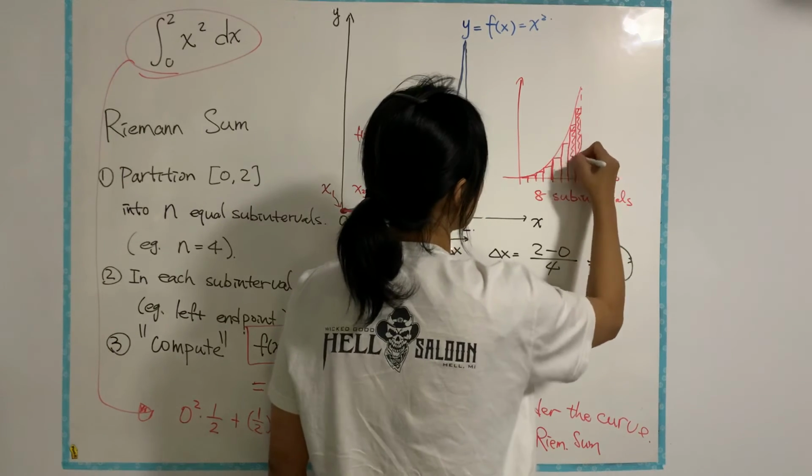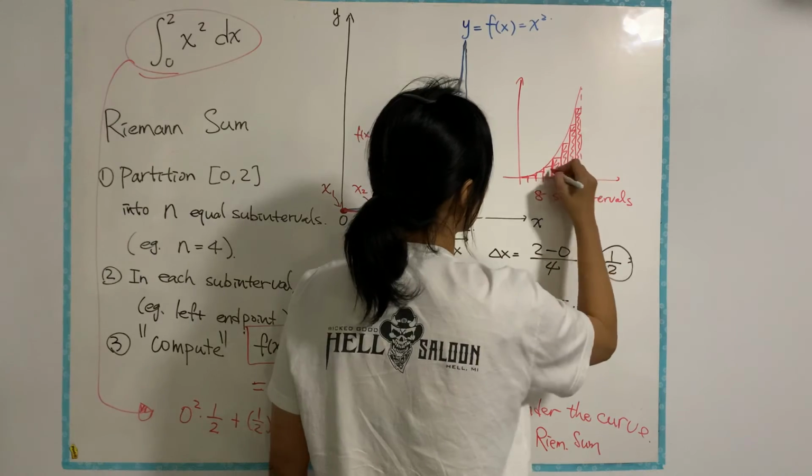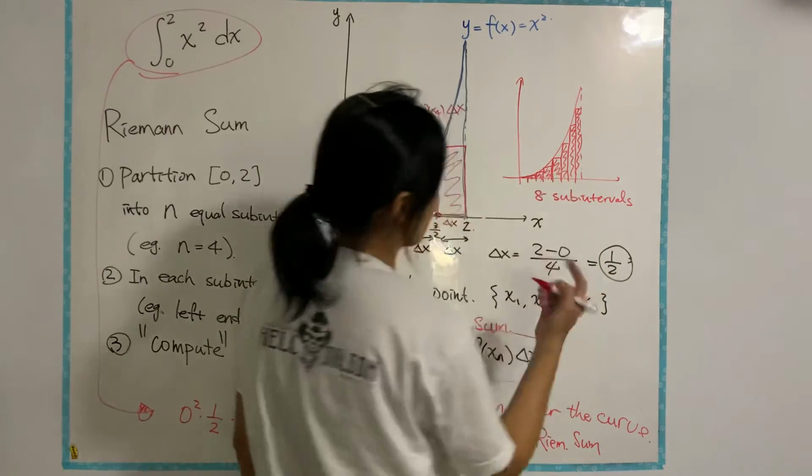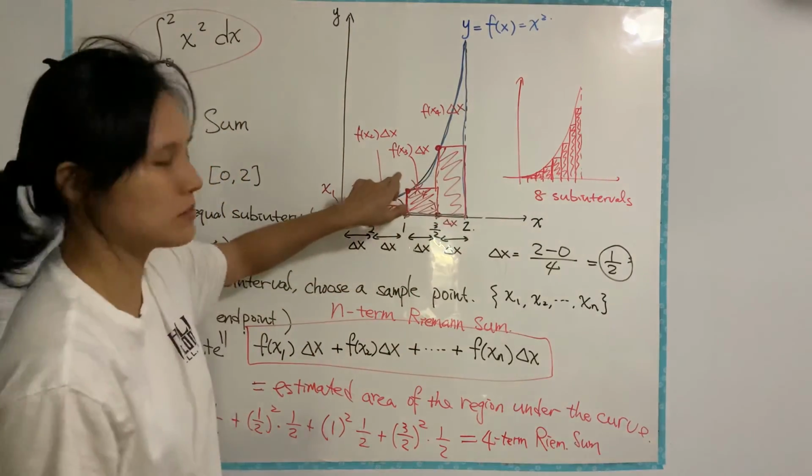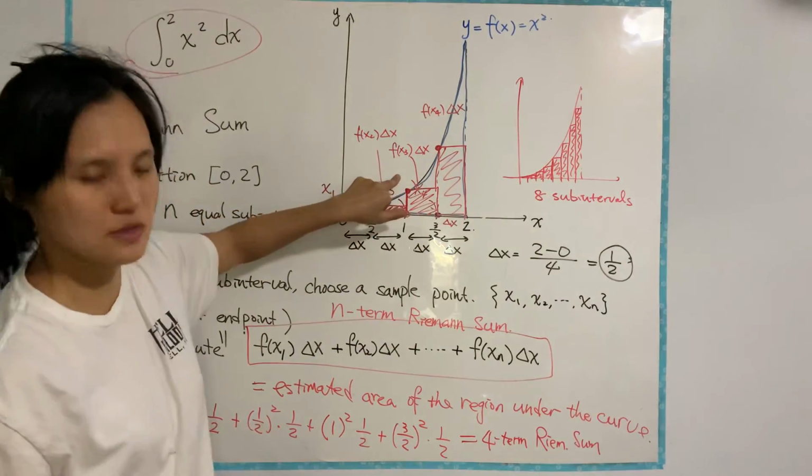And you can see the number that I get from the Riemann sum would be more accurate than the number I get from my four-term Riemann sum.